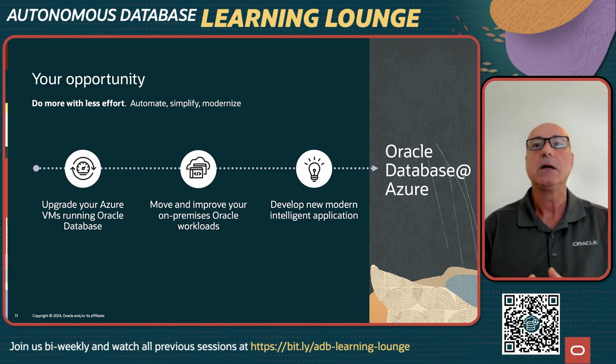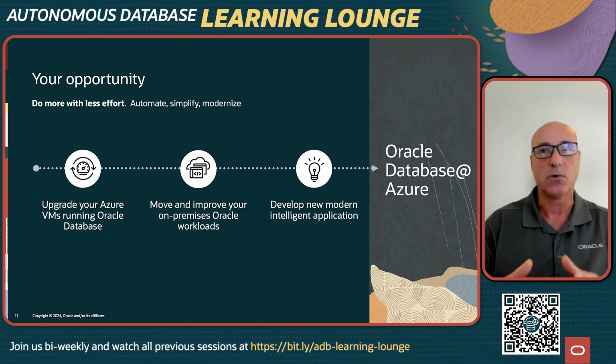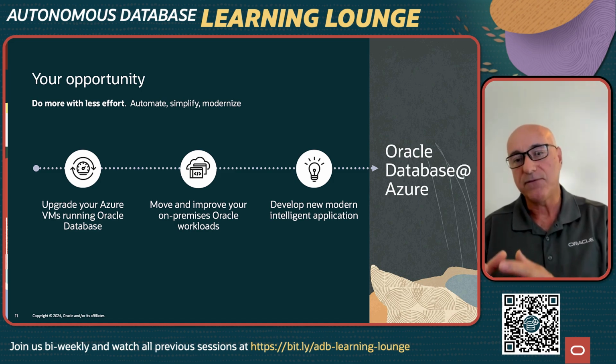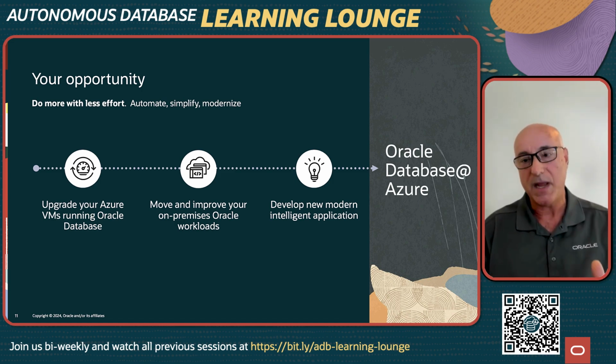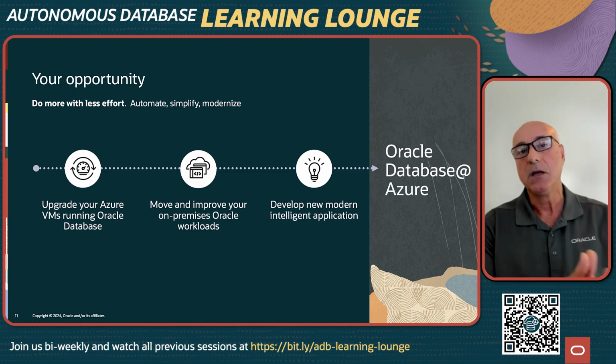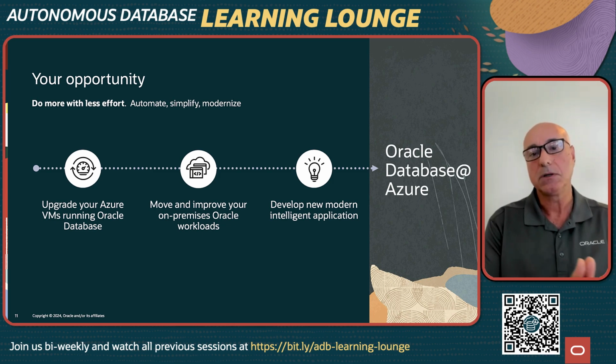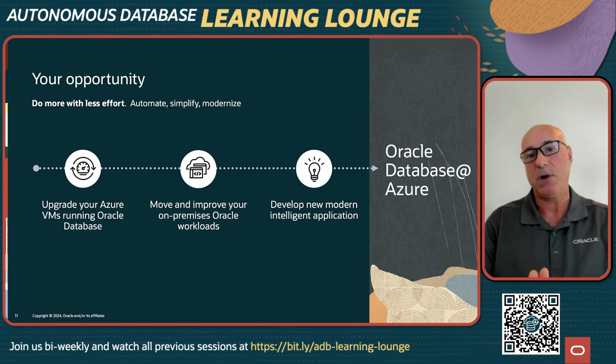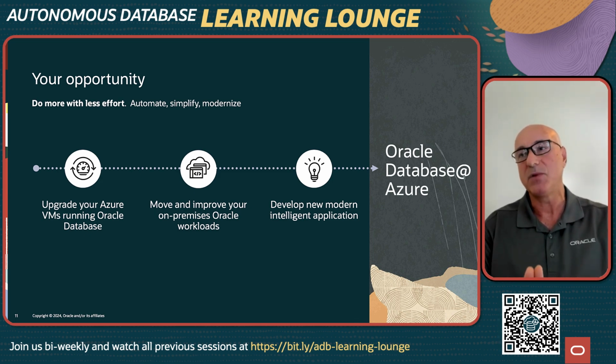Now you have the ability to take those Azure VMs and run them in a fully or semi-automated service so that in the end, you get the best of all worlds. Second, taking on-prem applications, where maybe up till now there hasn't been the opportunity. Committed to Azure, you want to be able to take all of your most important workloads from on-prem. Now you have the ability to natively move those into Azure.